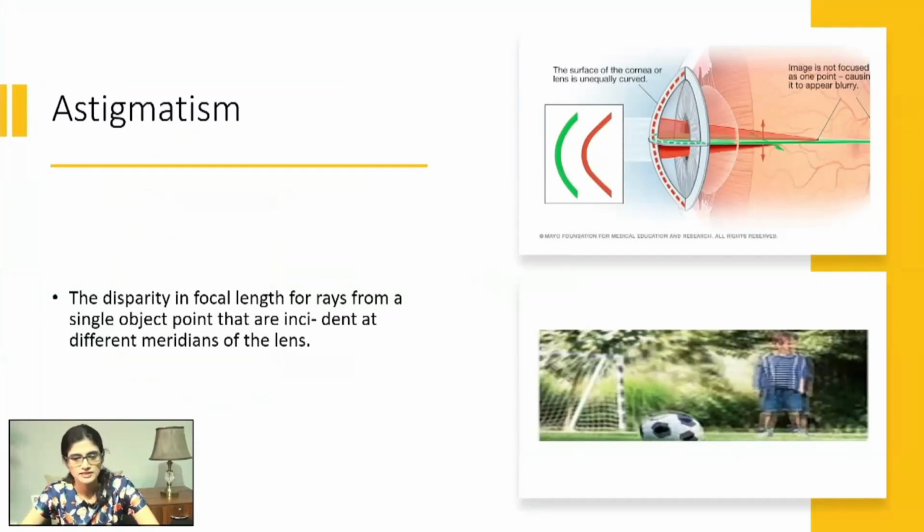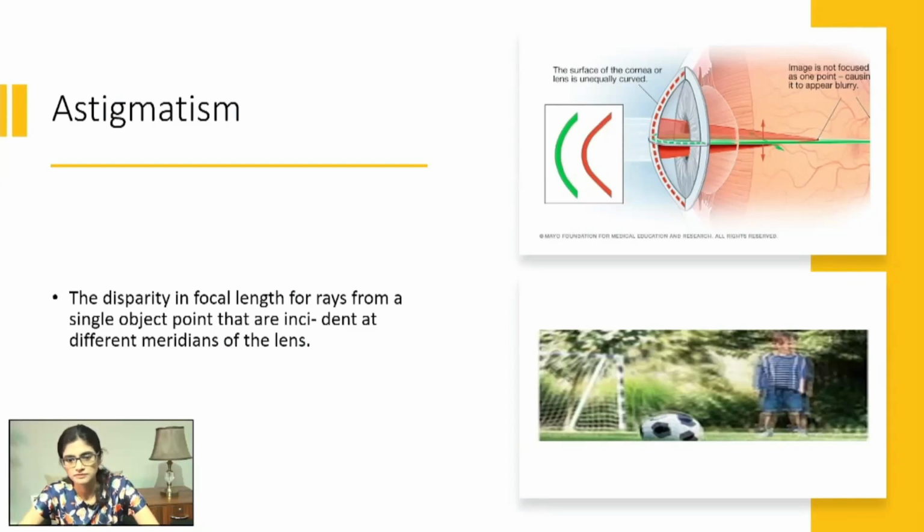So, what is astigmatism? Astigmatism is a disparity in the focal length of rays coming from different meridians of the eye. Here I put lens because what I mean is the refractive element.